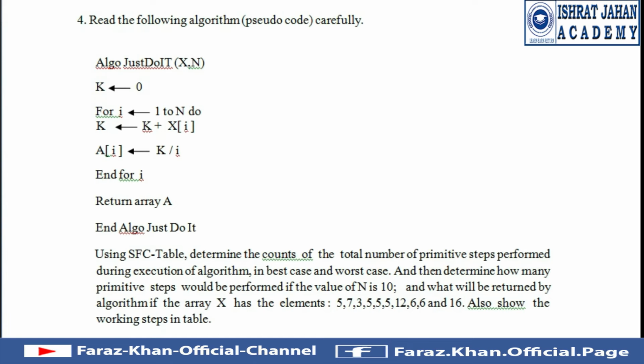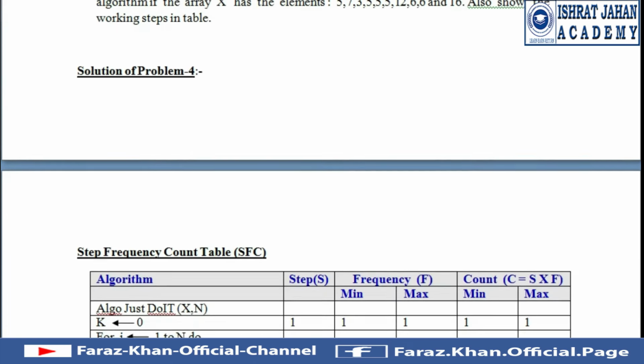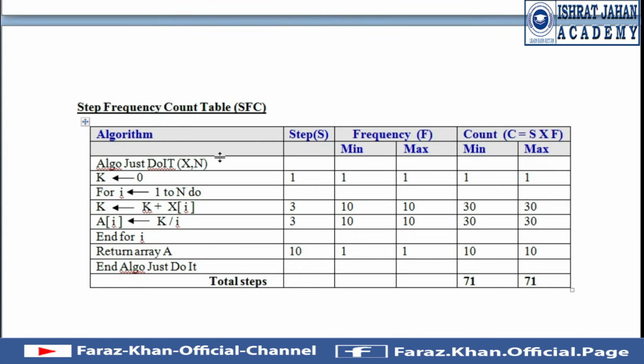Now first of all, we have to design the analysis table. In the initialization step, it will take one step, one in minimum, one in maximum, and count will be 1 multiplied by 1 in minimum and 1 multiplied by 1 in maximum.